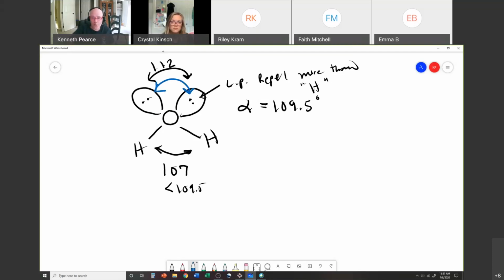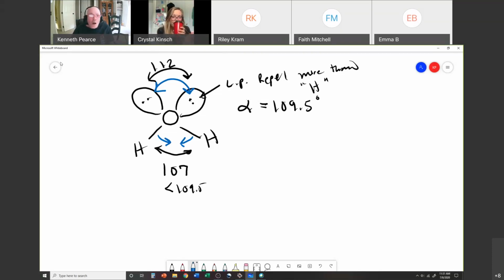And if they push out a little bit more this way, they're going to push a little bit more in this way. So you end up with an angle that's still around 109. It's not like it pushes it down to 90. It's still in the ballpark, but it will change the bond angle a little bit.